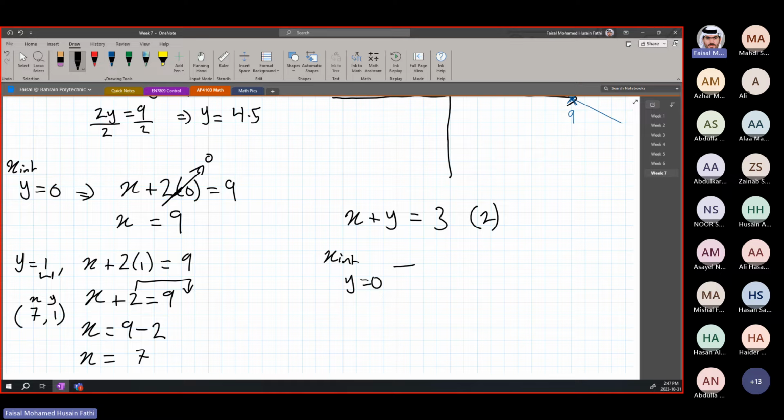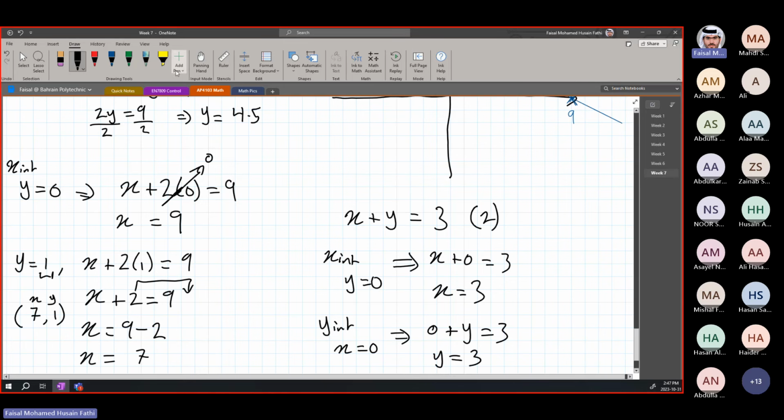It doesn't matter which one you start with, but the important thing is to find both intercepts. y equals 0, so x plus 0 is equal to 3. X is simply equal to 3. The y-intercept is when x is equal to 0, which means 0 plus y is equal to 3, simply y is equal to 3.